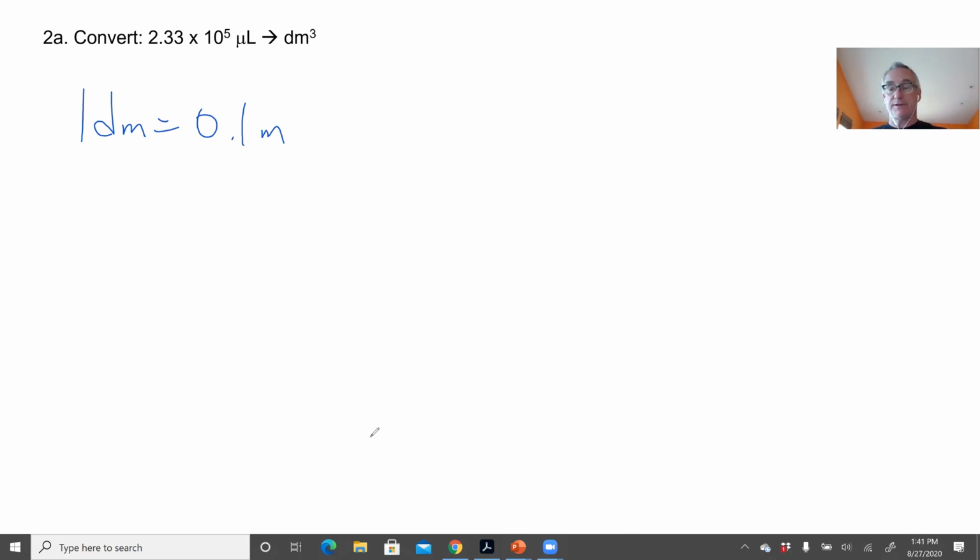Now, microliters. How big is a microliter, in terms of liters? If I have 1 microliter, how many liters is that? 10 to the negative 6. 10 to the negative 6, yep.